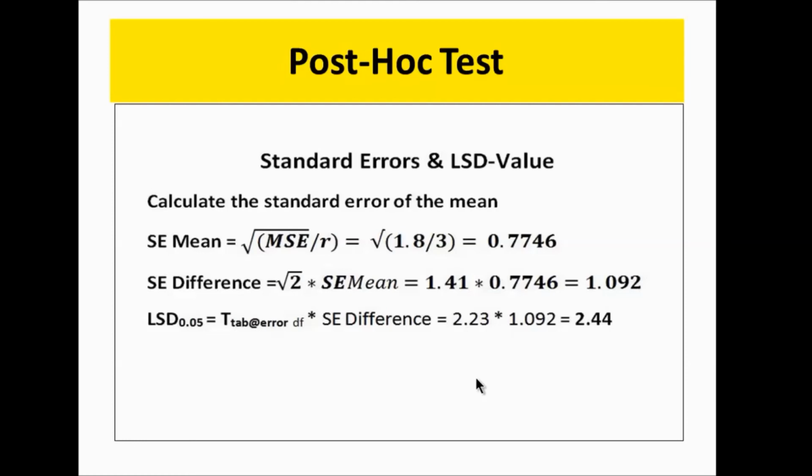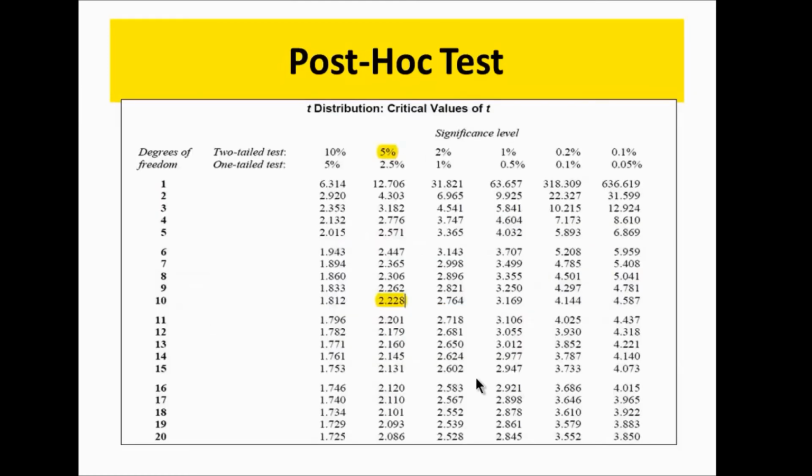How do we get this 2.23? We obtain that from the t distribution table, or the critical values of t at 5%, and we check the degrees of freedom of error, 10, and the value is 2.228, or 2.23.